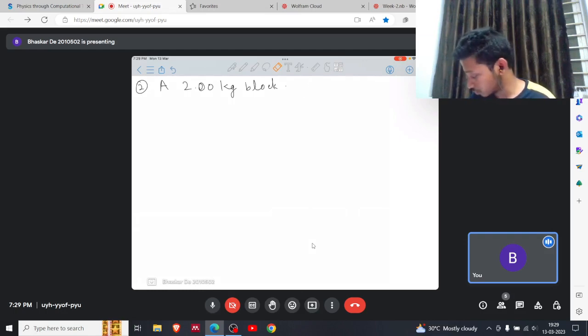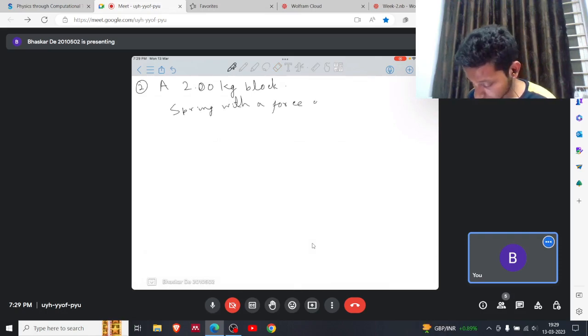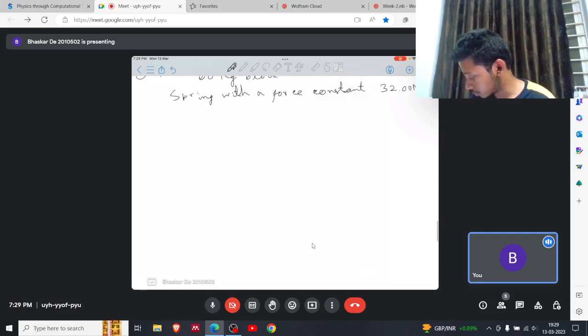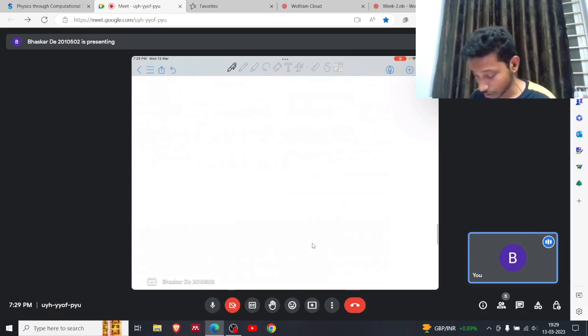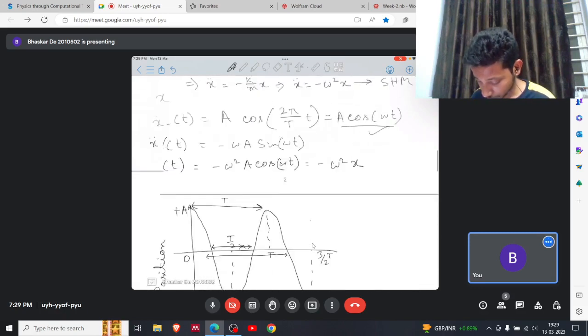So there is a 2 kg block placed on a frictionless surface. A spring with a force constant of 32 Newton per meter is attached to the block, and the opposite end of the spring is attached to the wall. So this is the same configuration as this.